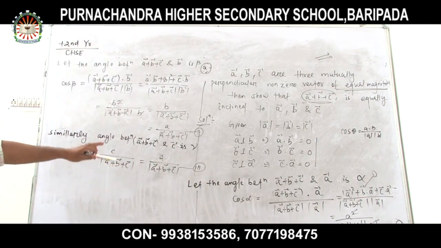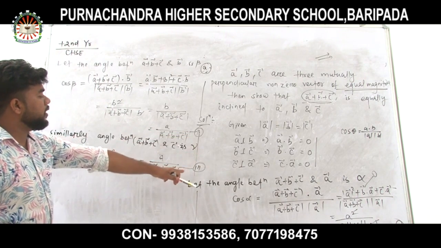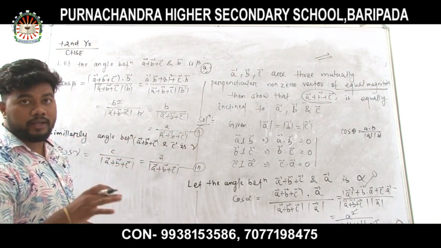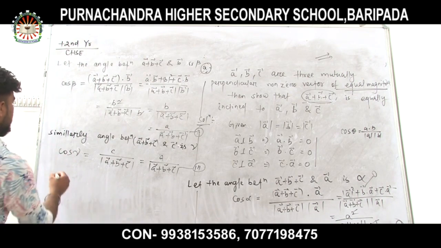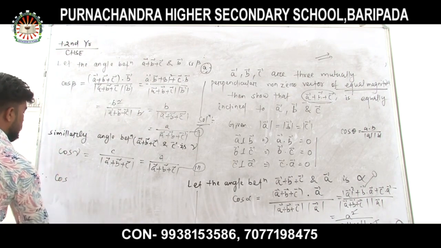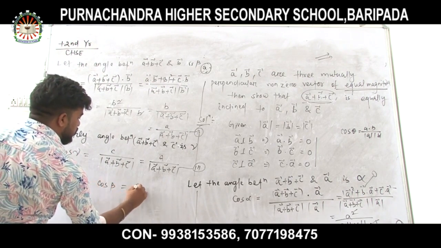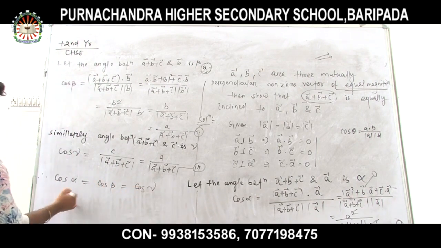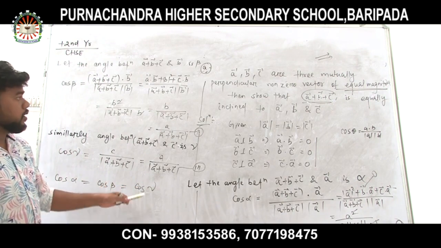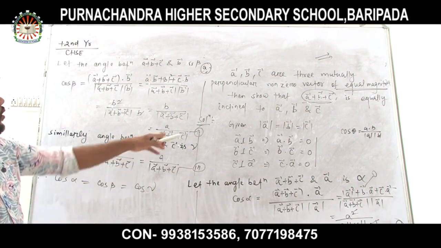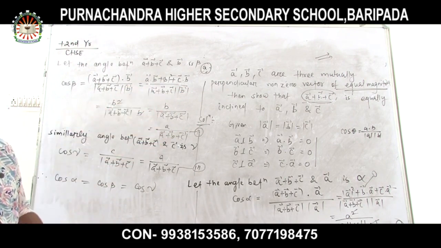Equation 1 is equal to equation 2 and equation 3. All RHS are the same, so LHS must be the same. That is cos alpha equal to cos beta equal to cos gamma. That means alpha, beta, gamma are the same, and A plus B plus C makes equal inclination with A vector, B vector and C vector.